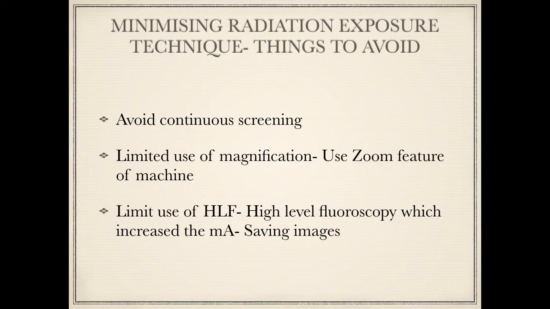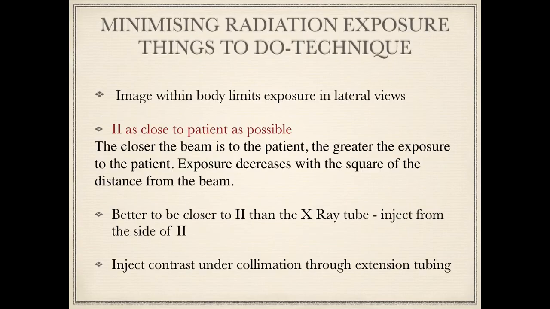Other things you can avoid is continuous screening, because obviously the radiation exposure is more. Magnification increases the radiation exposure, and some machines are actually equipped with a zoom feature, which is like a digital zoom you can think of. So if you had to do this and it doesn't compromise the quality of the image, then this is a better option to use rather than the Mag 1 and the Mag 2.